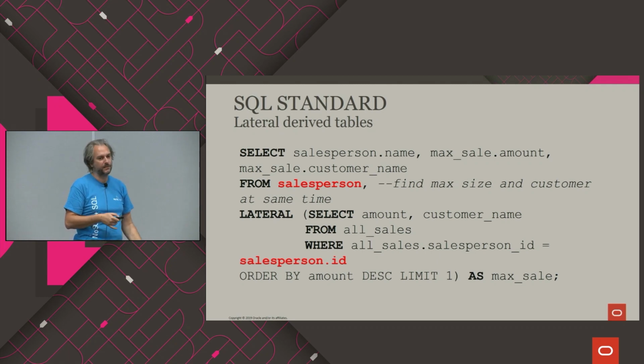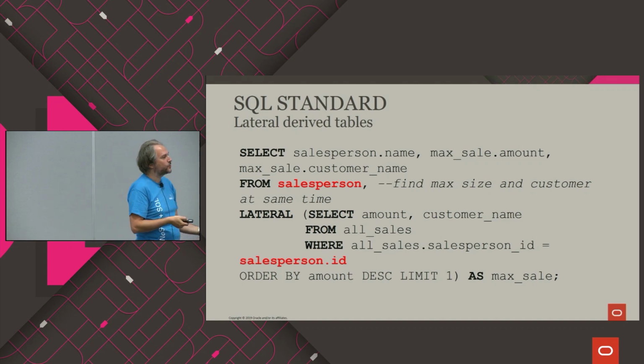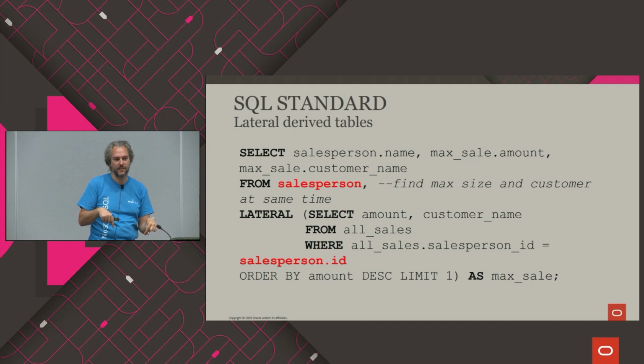And what's lateral? Lateral is a way to do a for each loop within the from. Because, as you notice, for every salesperson, I'm doing a computation.